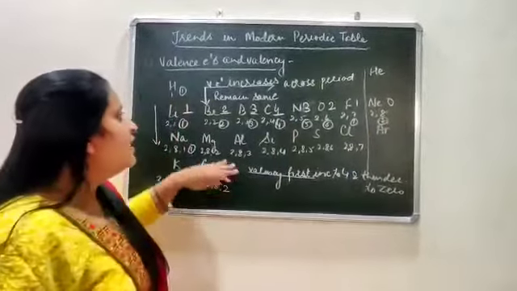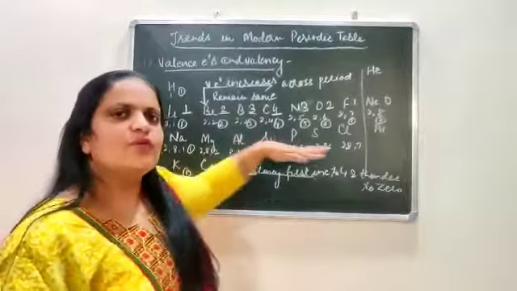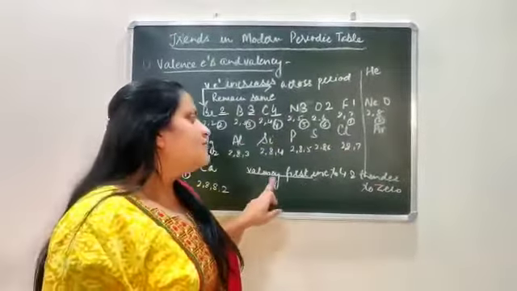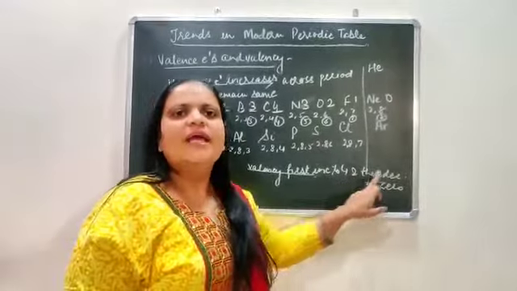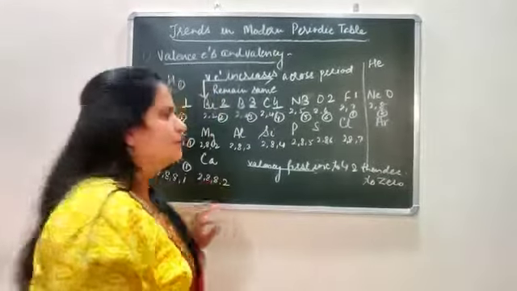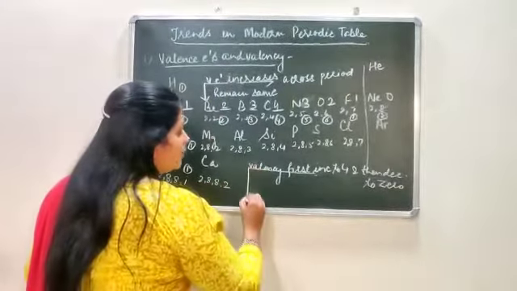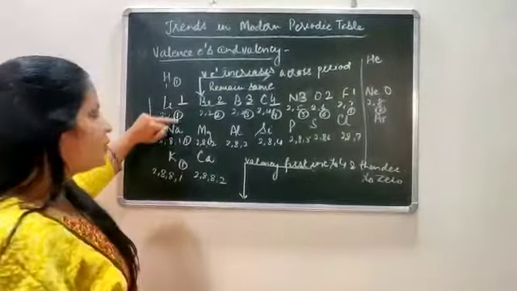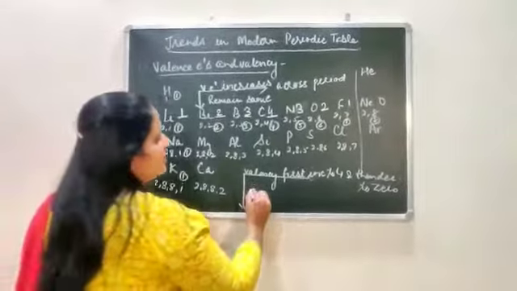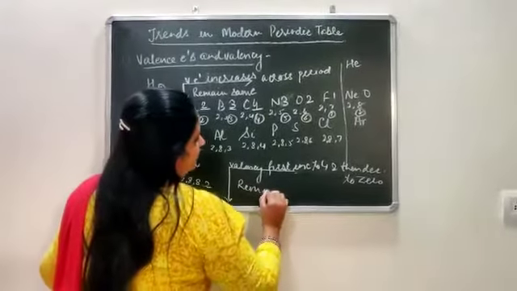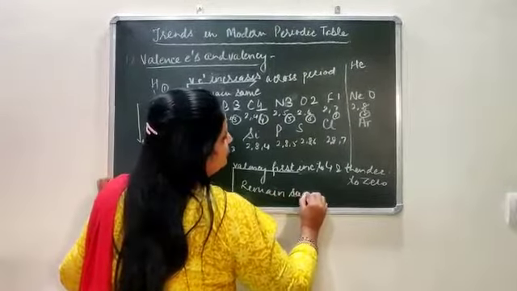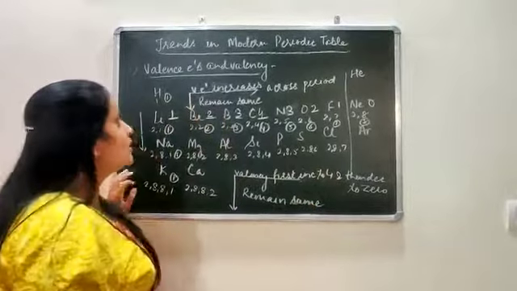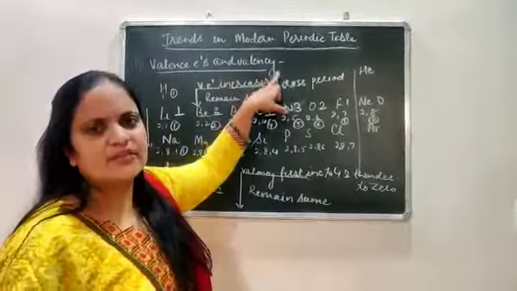So what do we define? Valency, when we are moving from left to right, first increases to 4 and then decreases to 0. And what about along a group? If valence electrons are the same, then valency will remain the same. So this is our first variation, the first trend that we observe in case of valence electrons and valency.